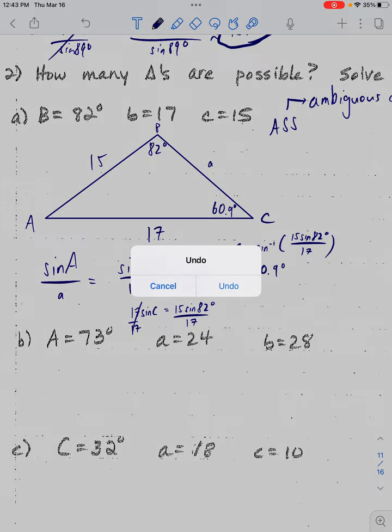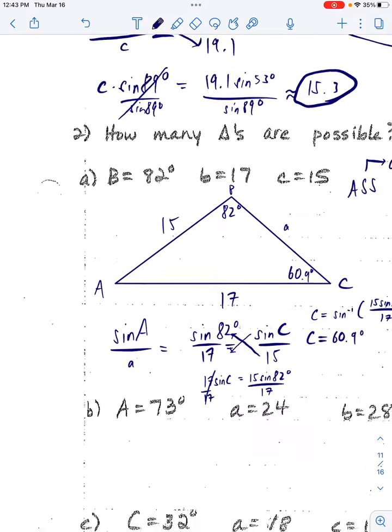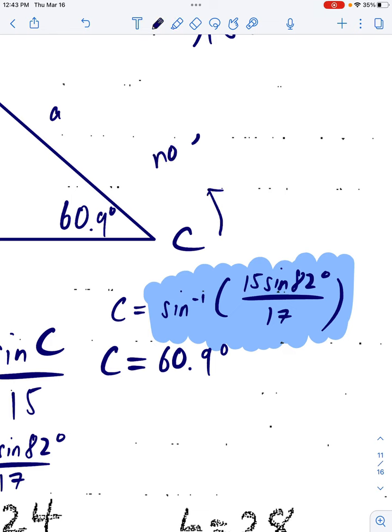Good stuff. At this point, here's how we figure out whether there are any other triangles possible. When we put this measurement in our calculator, it did not give us an error message. No error message, so there's at least one possible.